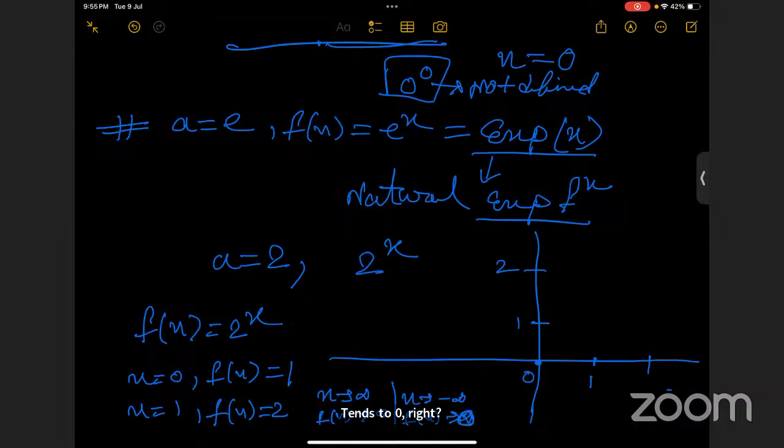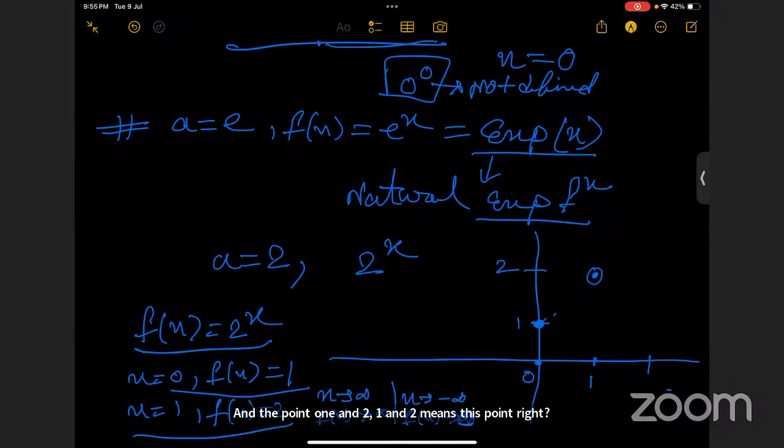Yes, ma'am. So we can draw the graph. The point 0, 1 will lie on our graph, and the point 1, 2 means this point, right? So we can draw the graph like that.